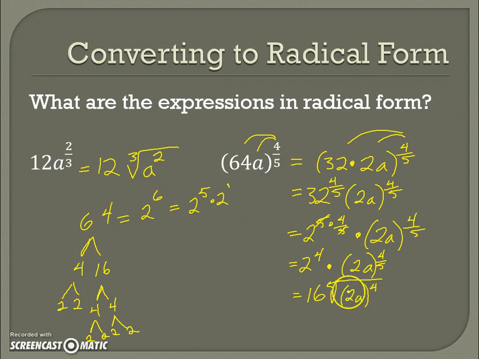Now I could go ahead and work out the 2 to the 4th, which is 16, and then the a as a to the 4th. But this is good enough right here. If there's nothing I could do with that in terms of the index, then I leave it. But here, if I can raise something to a fifth in there, I got to pull that out.